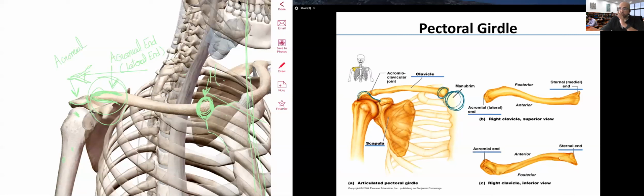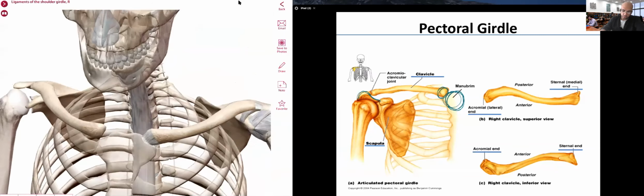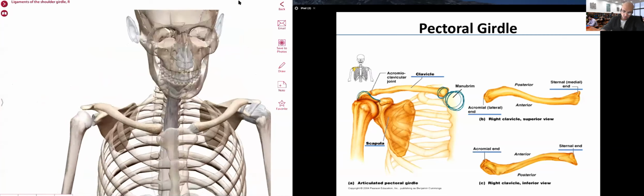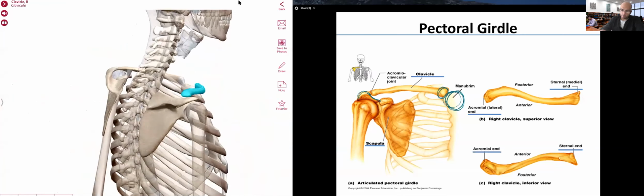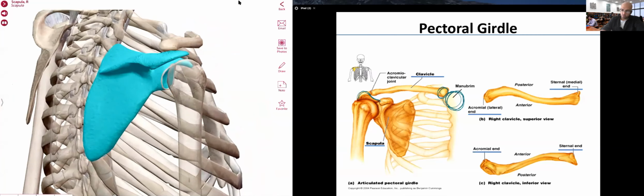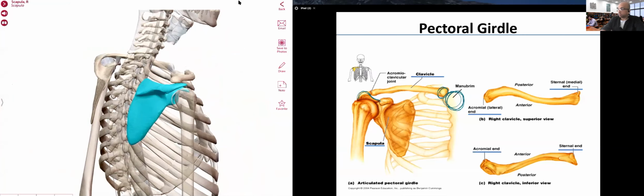All right, so again, what we should know for this bone, the clavicle, is that the clavicle shares with the scapula to form your pectoral or shoulder girdle.